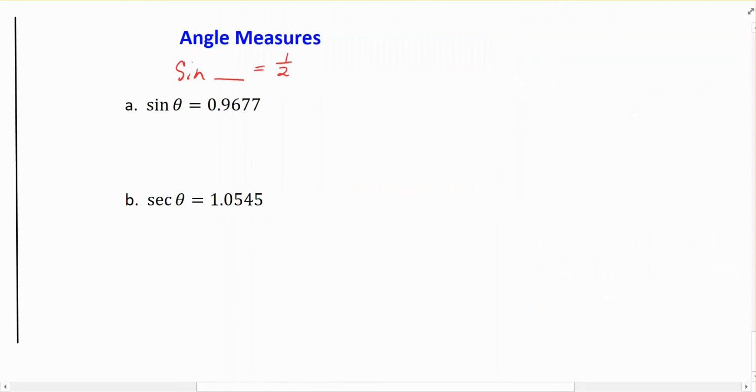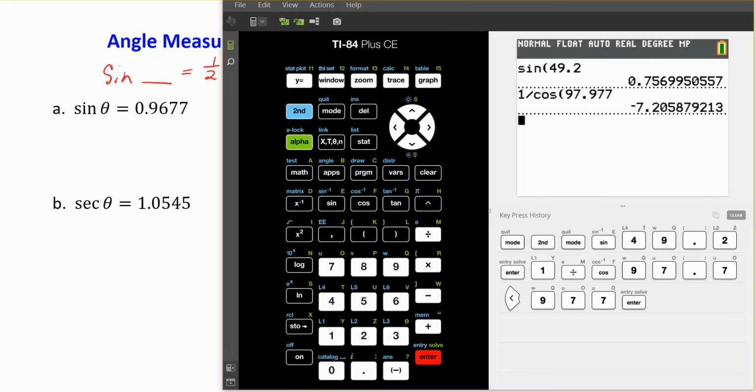Rather than finding the function value with the main buttons that you see, we are going to use the inverse functions. The inverse function is the one right above, in this case, sine. So I'm going to hit second sine, and you see that it looks like sine raised to the -1. Well, that's the inverse property that we're looking for.